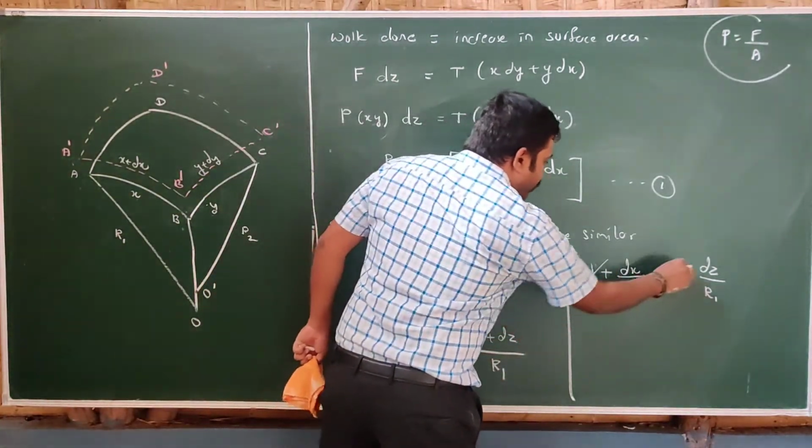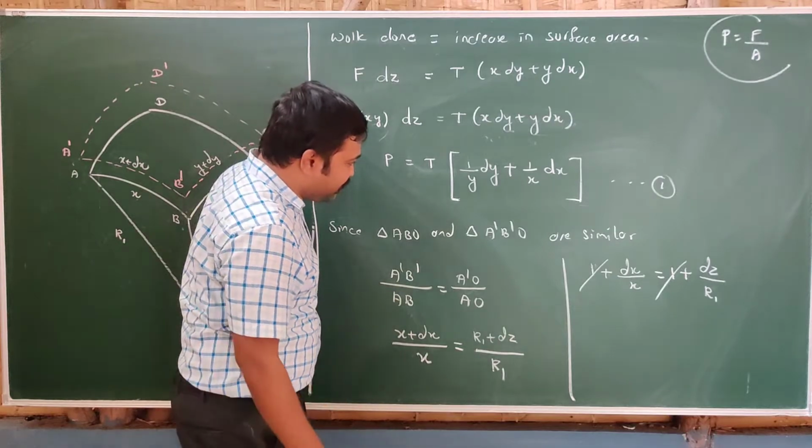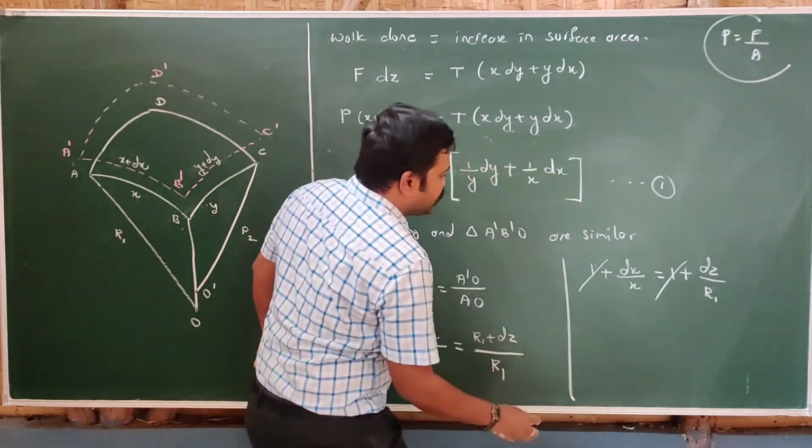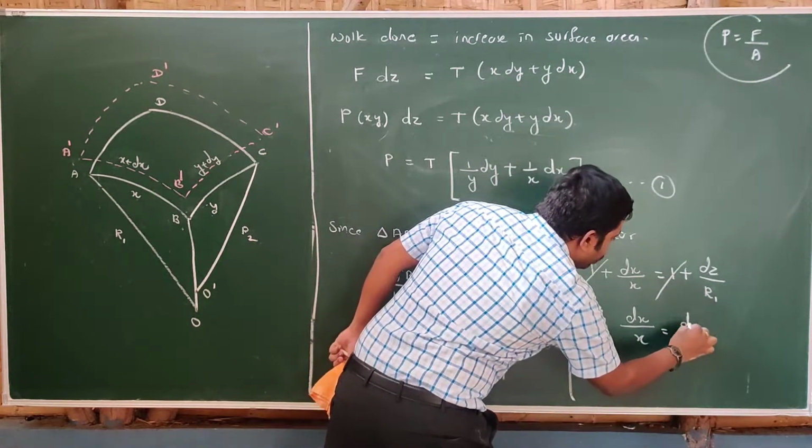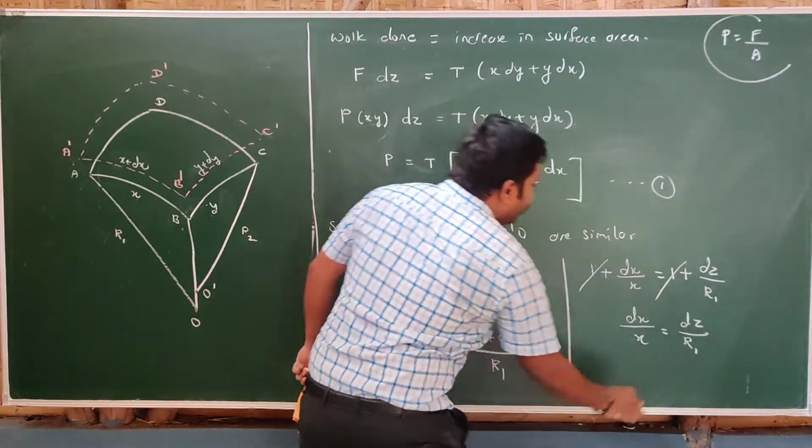So this 1 will get cancelled. What do I get here? That is dx by x is equal to dz divided by R1.